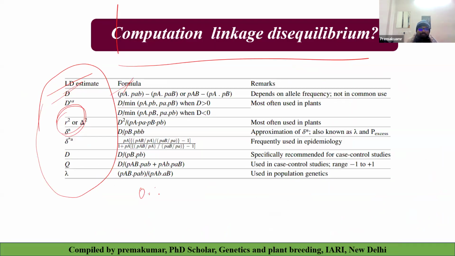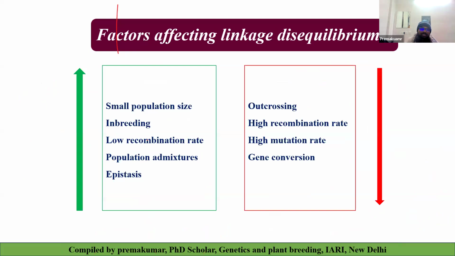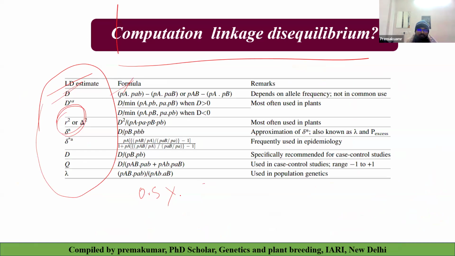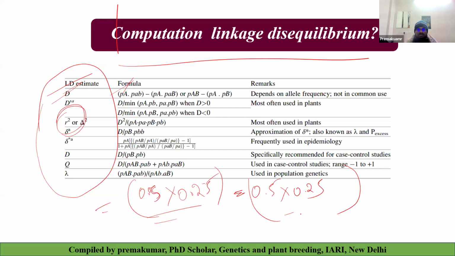We write 0.5 into the probability of small a small b, 0.5. Then minus the probability of capital A, 0.5, into the probability of small b, 0.25. Just check what the answer is. If it is equal to 0, then there will be equilibrium. What is the answer?